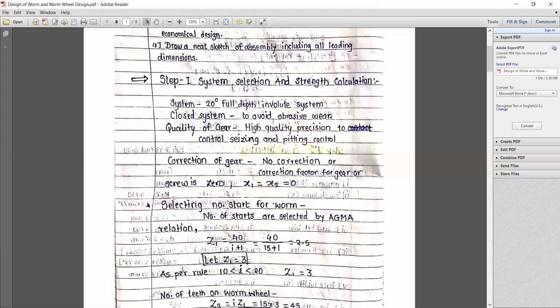So we are selecting the number of starts equal to 3. As per the rule, if the transmission ratio is between 10 to 20, you need to select the number of starts equal to 3.